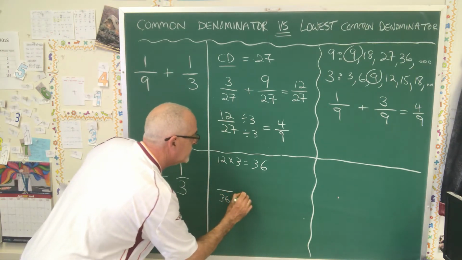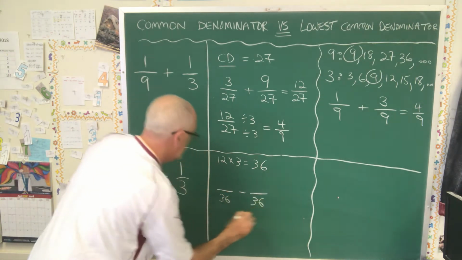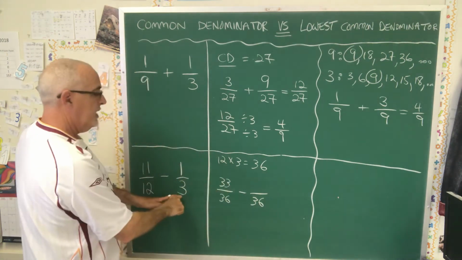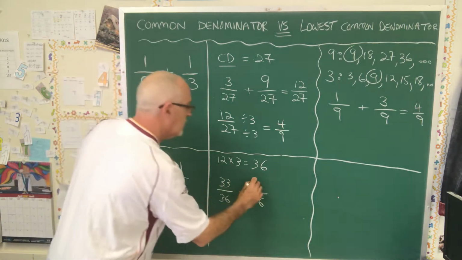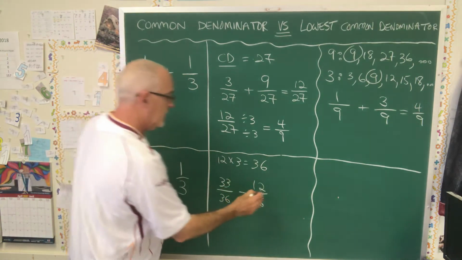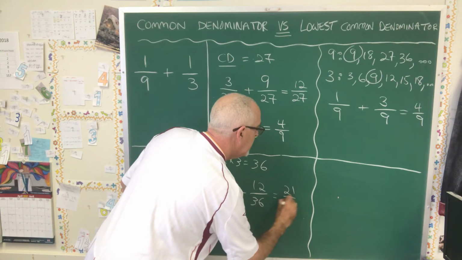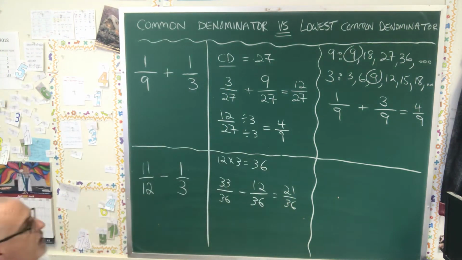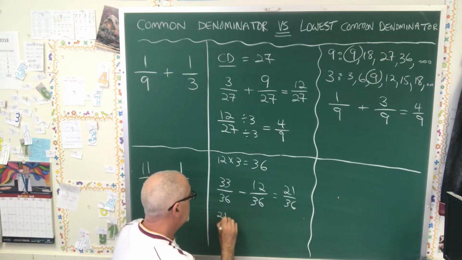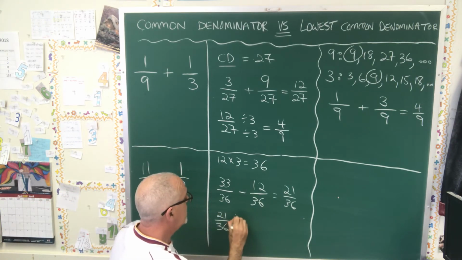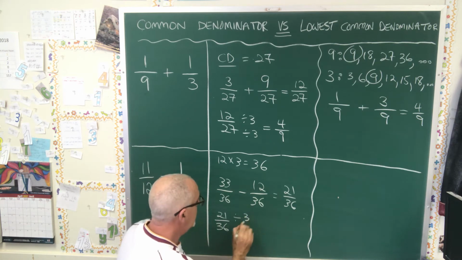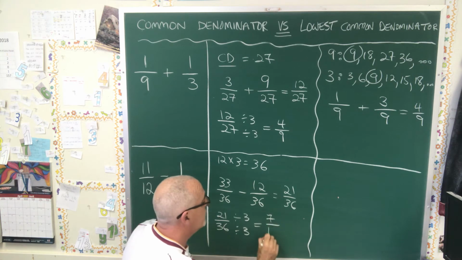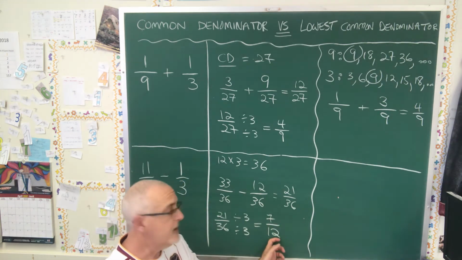We put both fractions over 36. 12 times 3 is 36, 11 times 3 is 33, 3 times 12 is 36, 1 times 12 is 12, 33 minus 12 is 21, but 21 over 36 can be reduced. We were expecting that. They have a common factor of 3. 21 divided by 3 is 7, 36 divided by 3 is 12, 7/12 is our final answer.